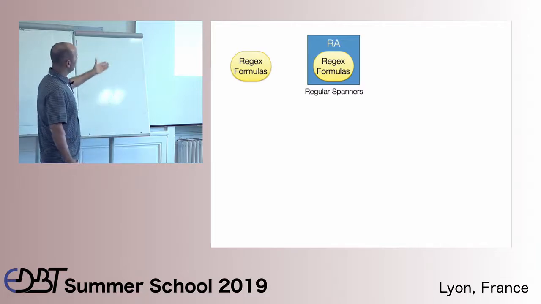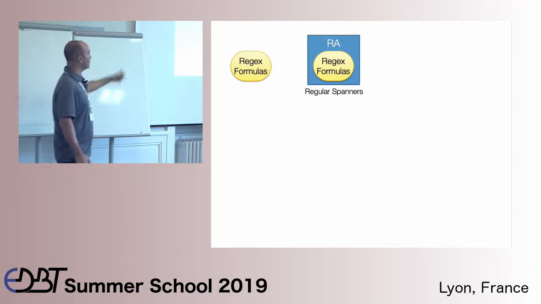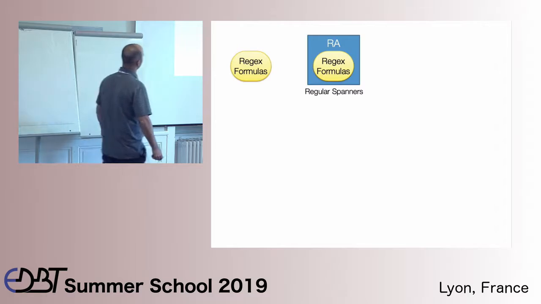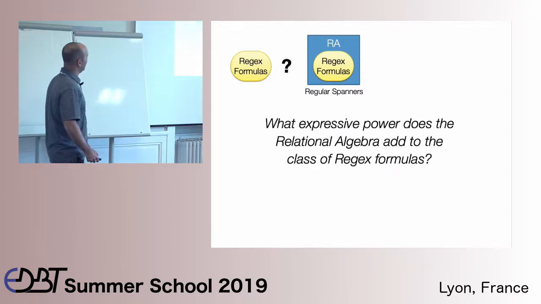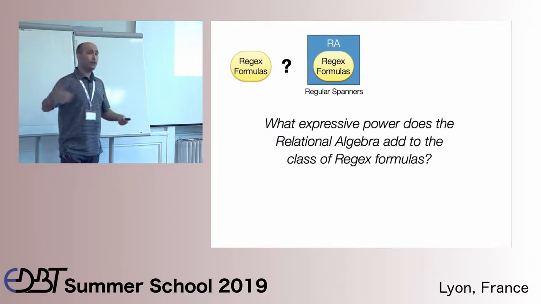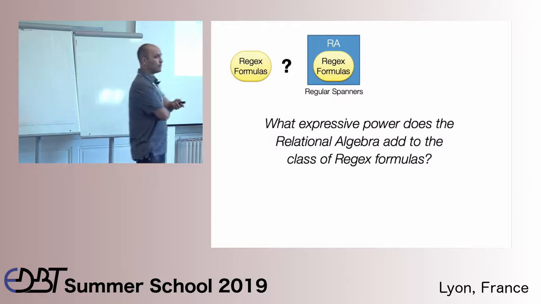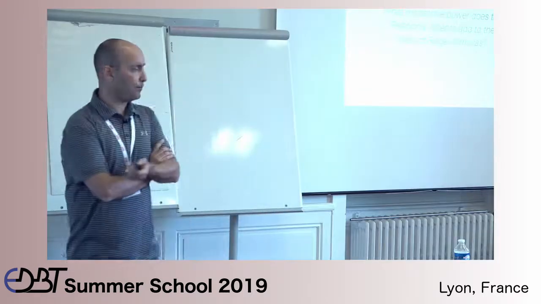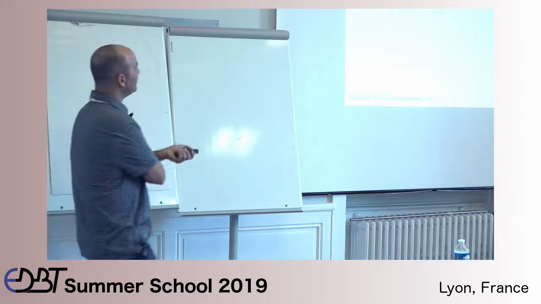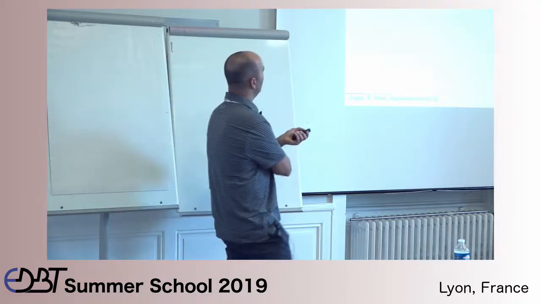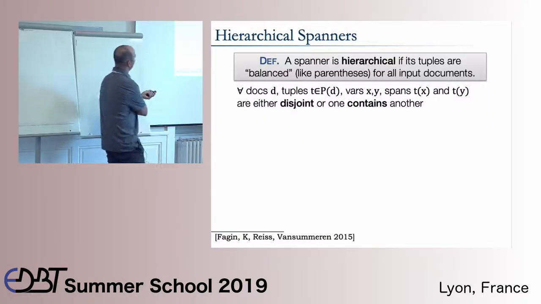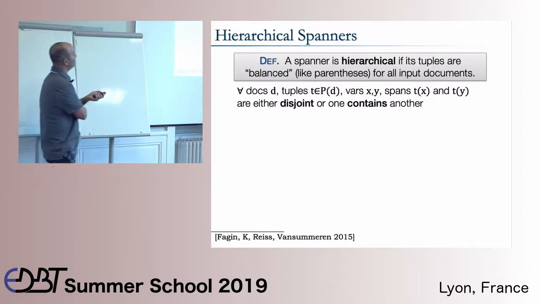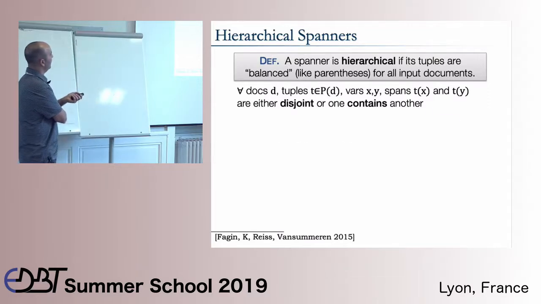Of course, regex formulas are contained in the richer language, but what about the other direction? What is the extra expressiveness that the relational algebra adds to the regex formulas? Well, this is an easy question because the regex formulas have this property of being hierarchical.